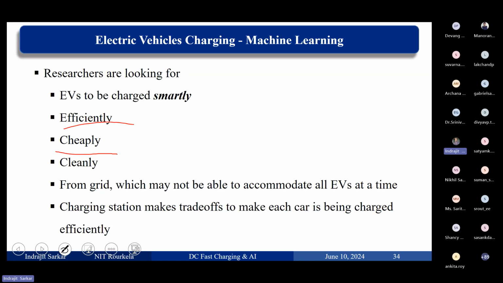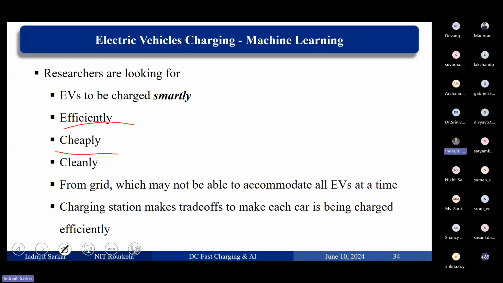That information should be decided by the app, because the EV owner may be a layman. If the app does that, the charging will be efficient from the customer point of view as well as the grid point of view. That is why it is mentioned efficiently.